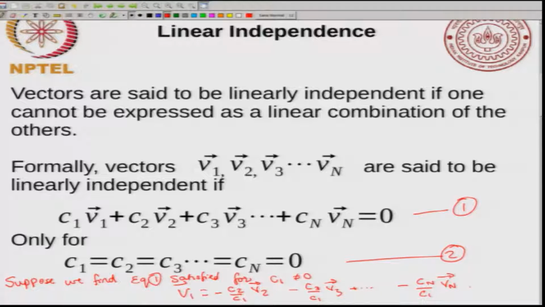This is the case when they are linearly dependent. When vectors are linearly dependent, you can write one as a linear combination of the others, which is the same as the formal statement of linear independence.